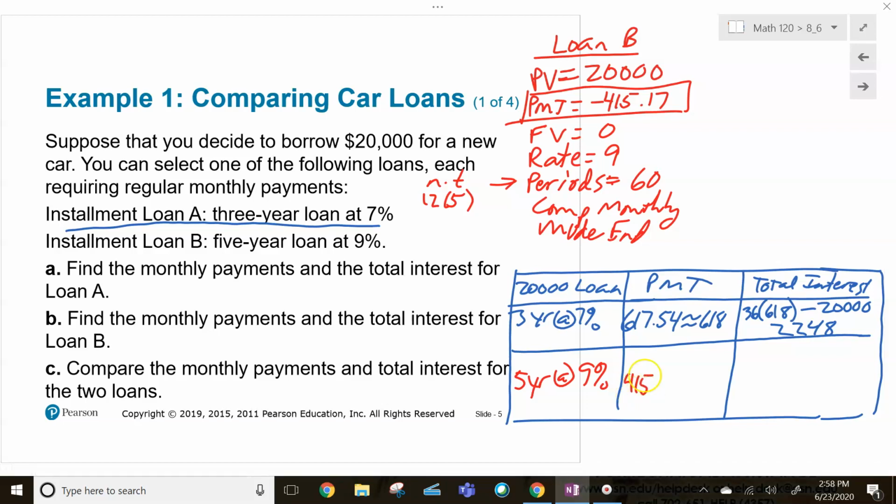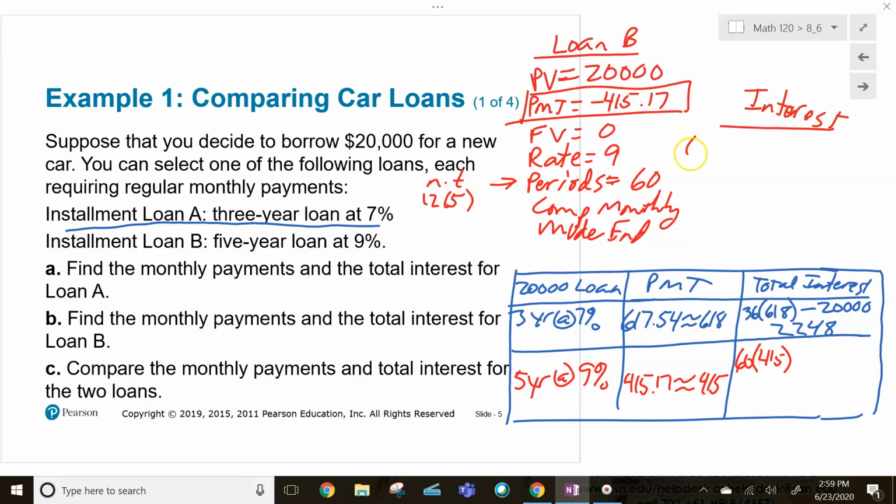415.17. So that's about 415. We'll go with 415. So we make 60 payments, 5 years, 12 times a year, 5 times 12, 60, of $415. That's what we really paid. Right? So if you're figuring out your interest, you say, well, I didn't pay 20,000 for this.